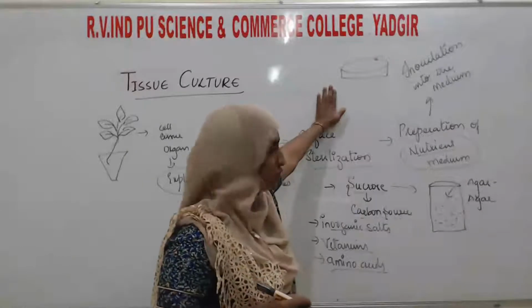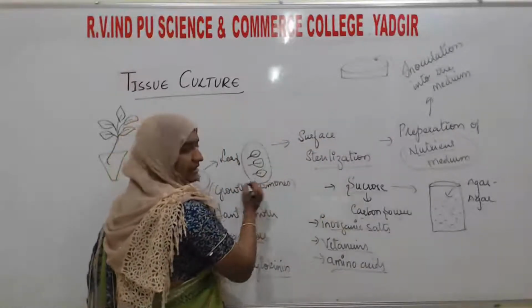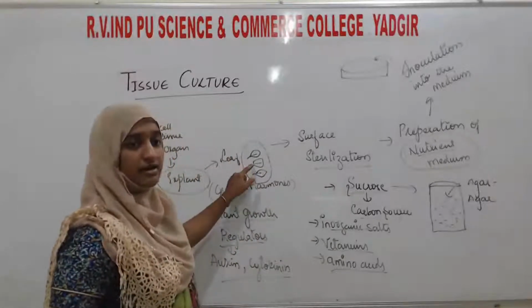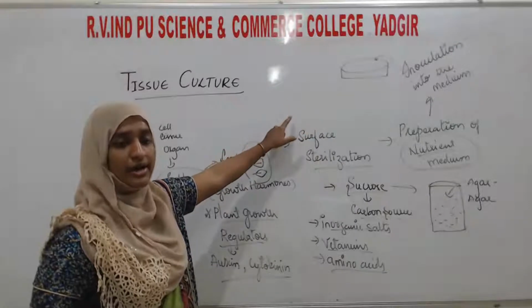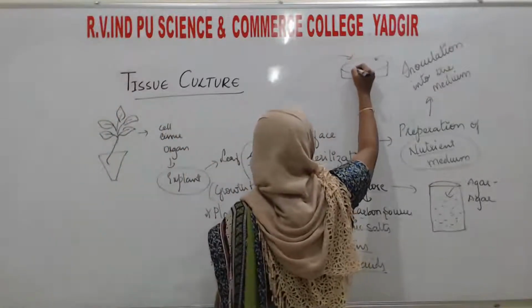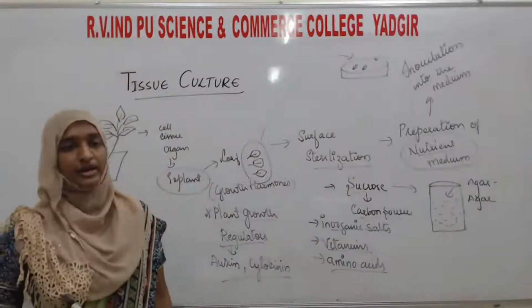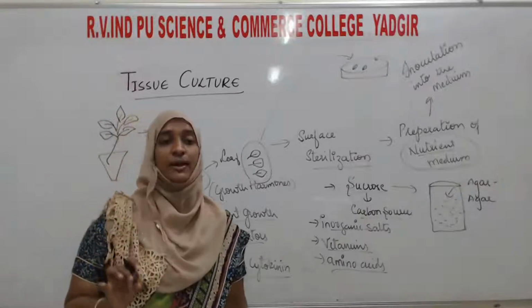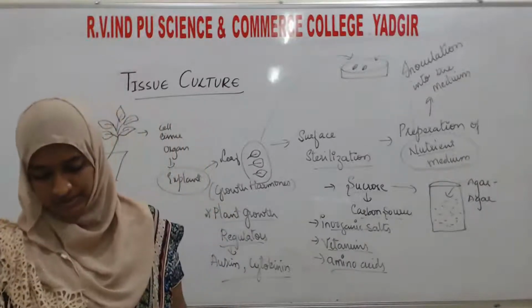So whatever explants they had taken, they are going to inoculate there in the medium. Inoculate means they are going to put it there in the medium like this. This is known as the inoculation of explant into the medium.